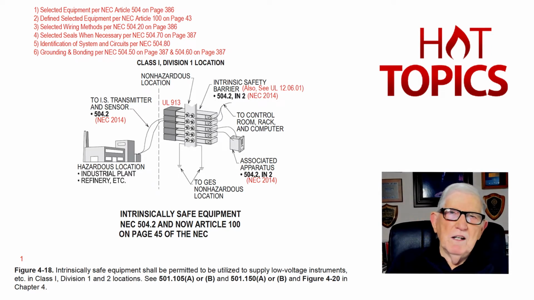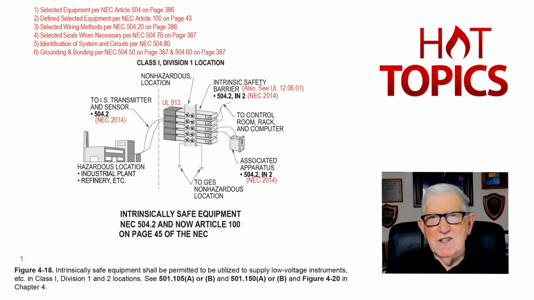Now, basically, in the intrinsically safe system, we have a barrier. The barrier creates a safe zone of circuitry and wiring methods. And basically, the wiring methods could get damaged.